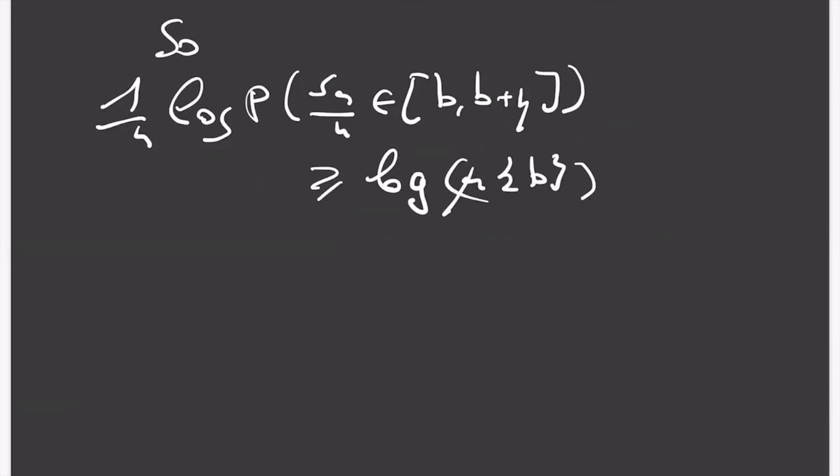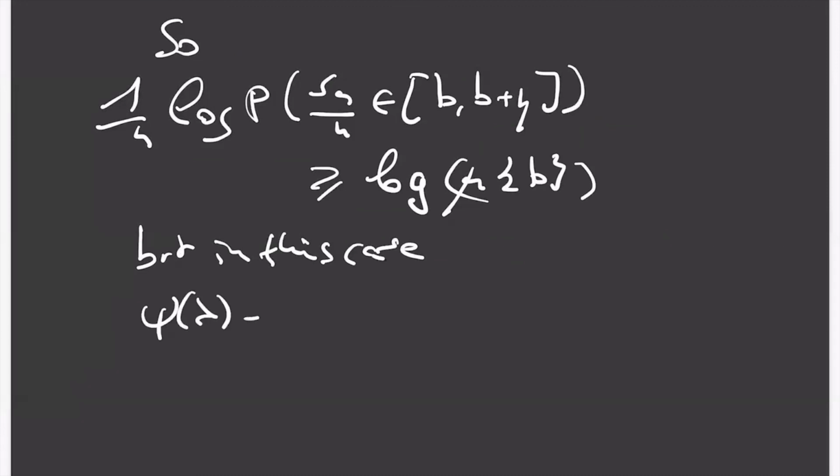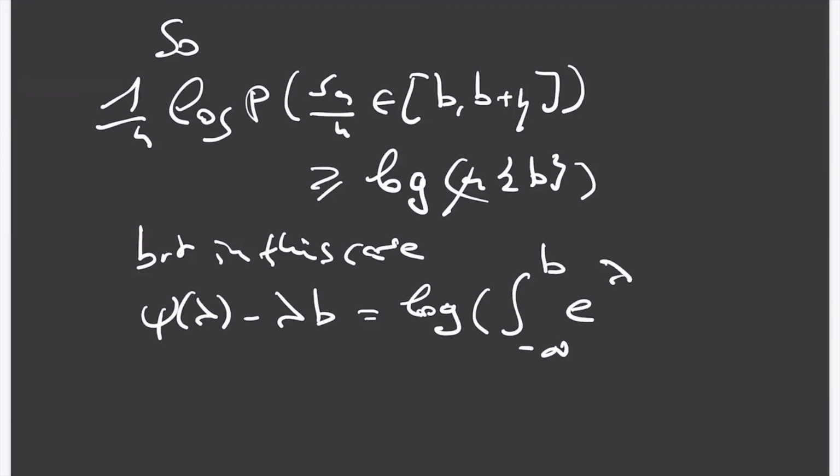Okay, but in this case, if we compute psi star, then it's easy, because psi of lambda minus lambda b is equal to the log of the integral between minus infinity and b of exponential of lambda times t minus b d mu of t.